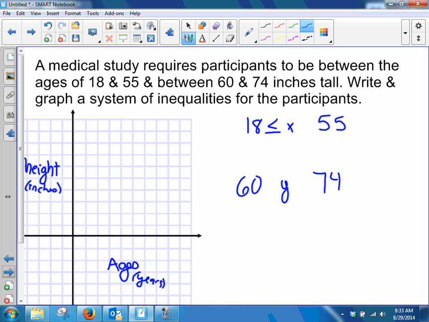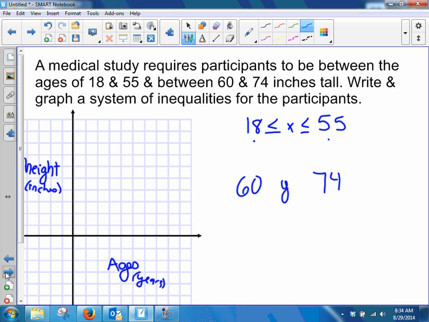So 18 is less than or equal to x. Because we can be 18, right? And then what about 55? How does x relate to that? It's less than or equal to, right. So basically you can be between 18 and 55 and still be those ages. So 18 is less than or equal to x, which is less than or equal to 55.